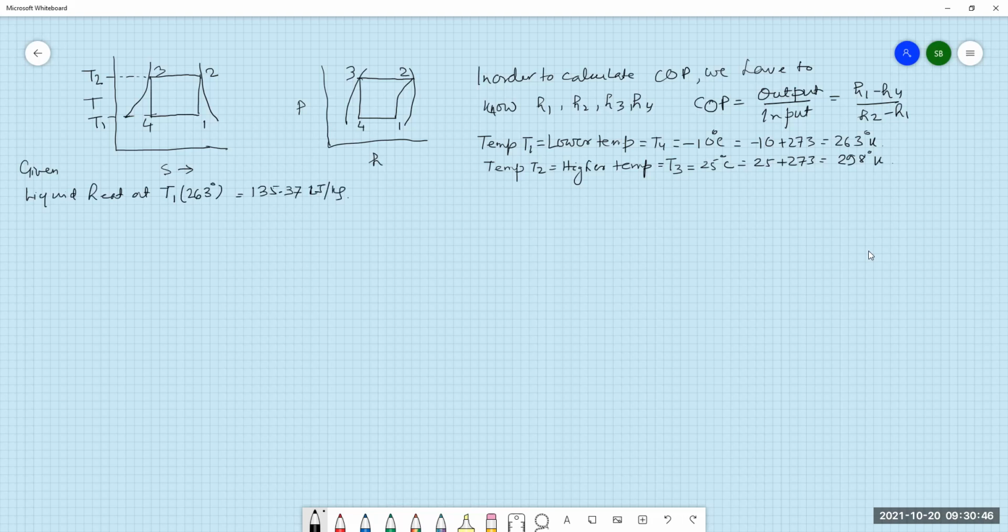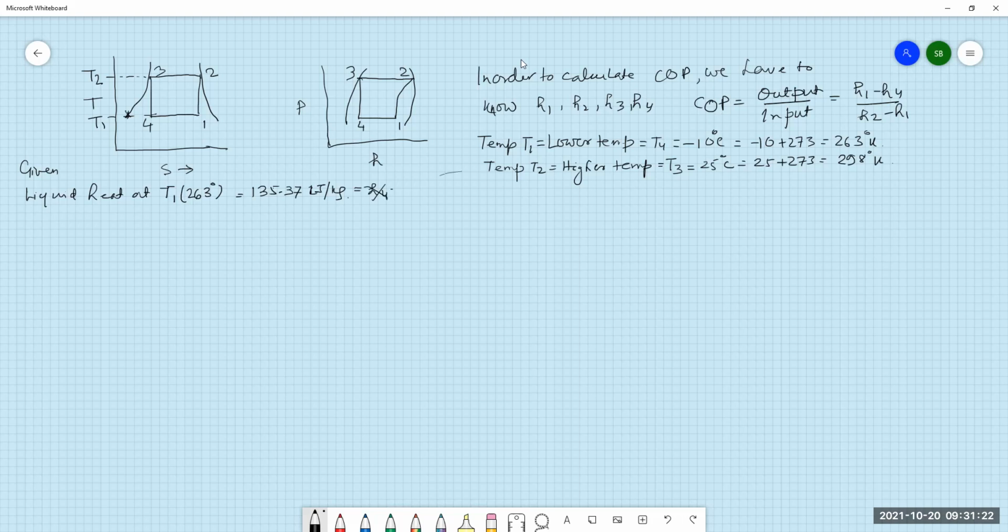What is this? This is the liquid heat at T1. Is it H1? The liquid heat means the heat if the point is on this liquid line. But this point is not on the liquid line; it is in the wet region. So this is not H4 itself.